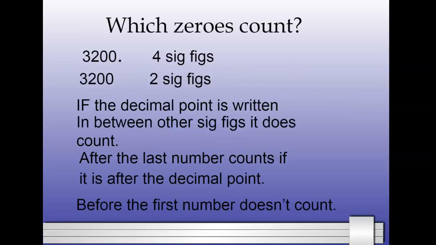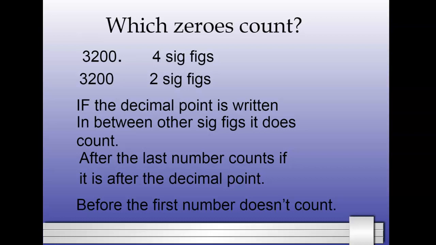Okay. So, correct rules for when a zero counts and doesn't count. If the decimal point is written in between other significant figures, it does count. So, if it is a 0 in between others, then the zeros count. If it's after the last number, then it does count as well.